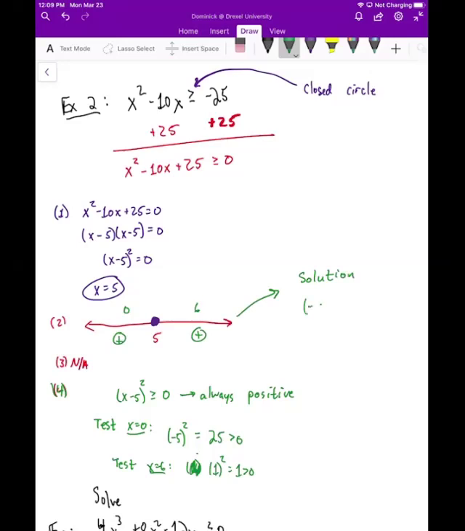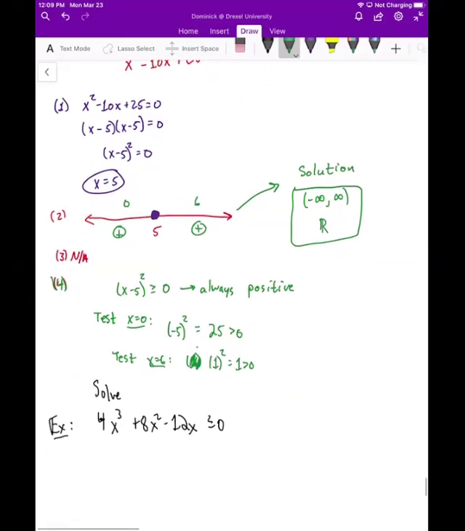So the solution is everything. It's -infinity to +infinity, or you could say all real numbers. Either one of those would work in this case. So that's an example where the one solution would actually produce the entirety of the real numbers for your solution.